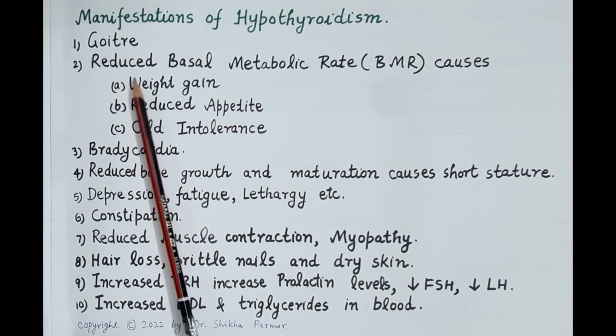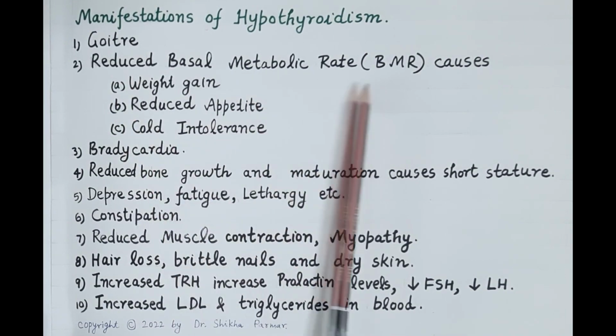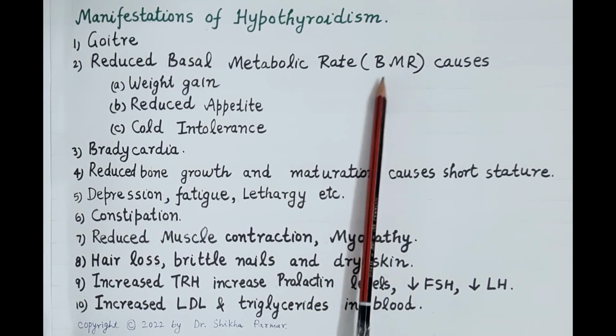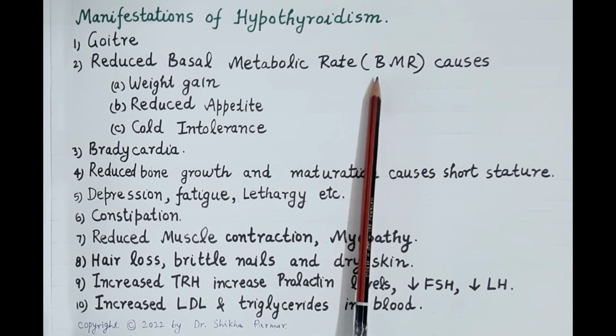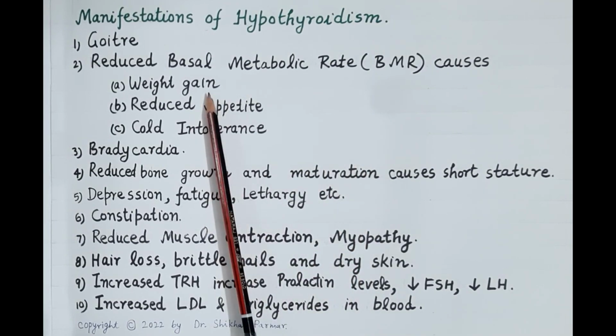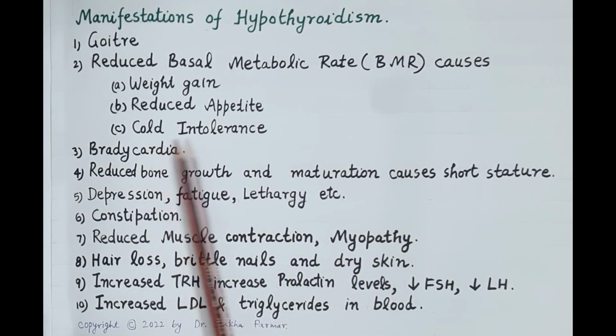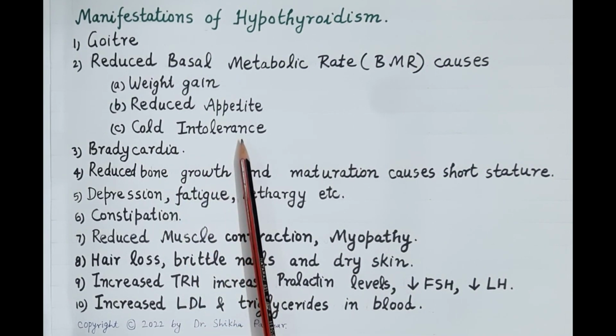Now hypothyroidism reduces BMR. So BMR is reduced during hypothyroidism. So less calories are burnt and this causes weight gain. This also reduces appetite. Now reduced BMR reduces generation of heat. So this reduces body temperature and can cause cold intolerance.